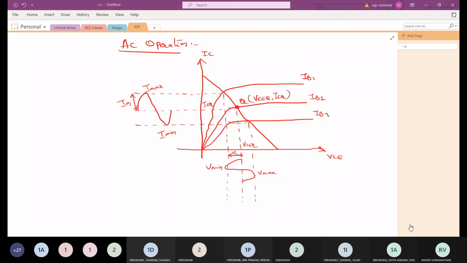All of you completed? Here there are several terms. First of all, we will look into those terms. Here there is the term called V minimum. This is the minimum instantaneous value of collector output voltage.